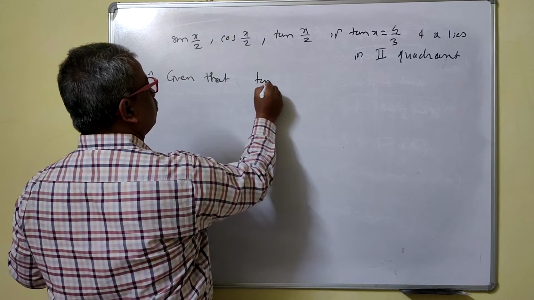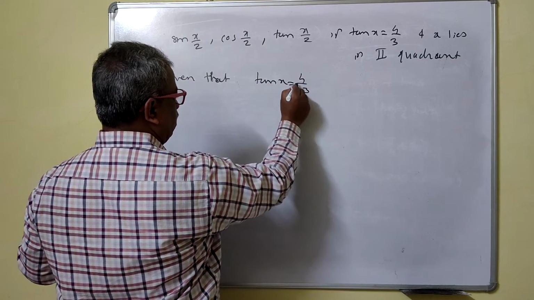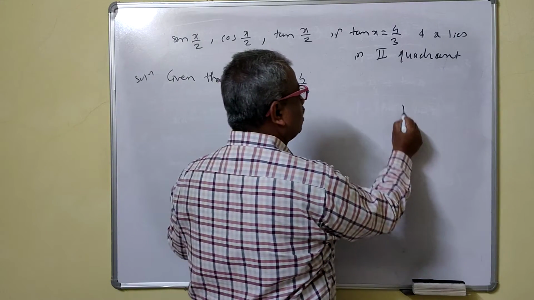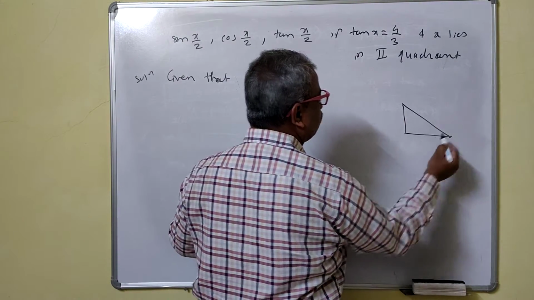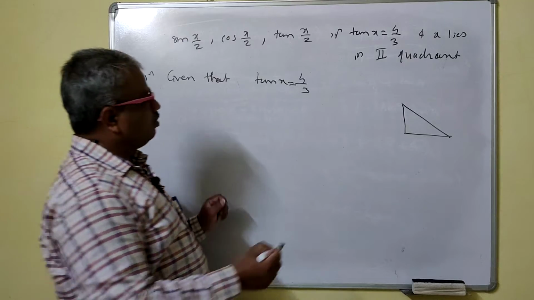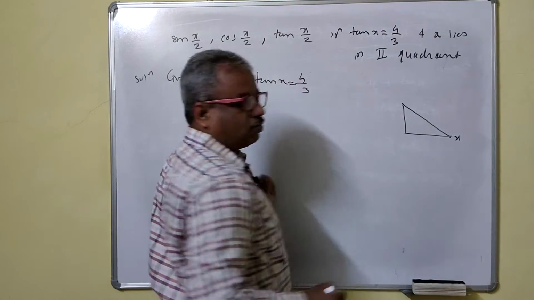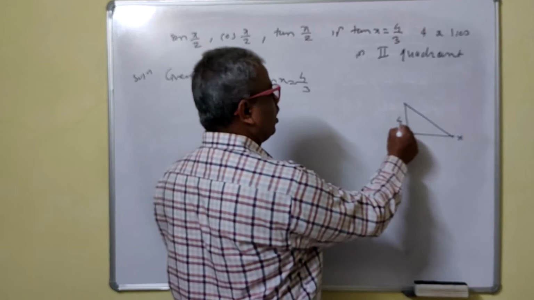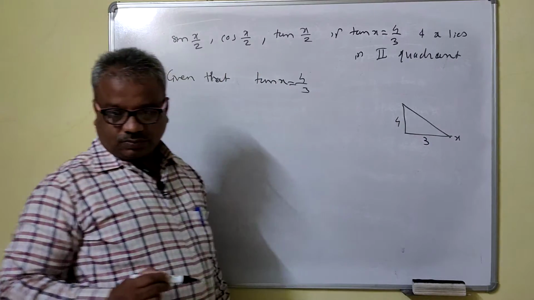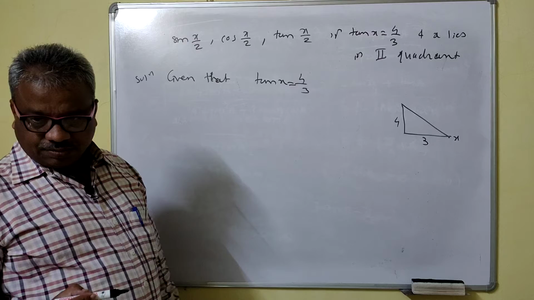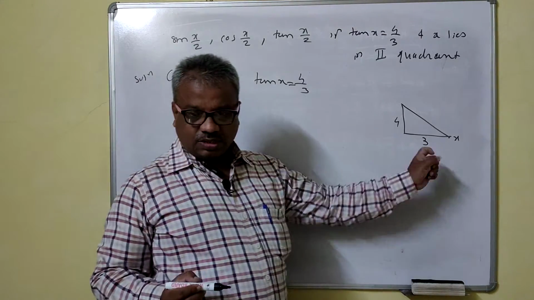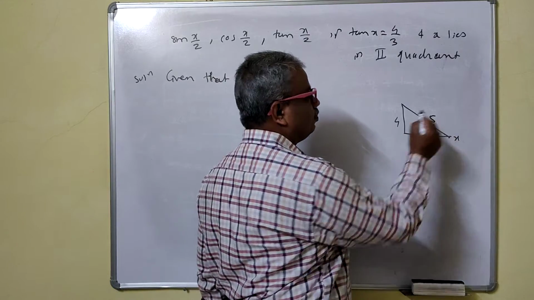Easily you can obtain this now. Suppose this is your x, and tan x is 4 by 3, so this side is 4 by 3. Apply the Pythagoras theorem: 16 plus 9 is 25, that means the hypotenuse will be 5.